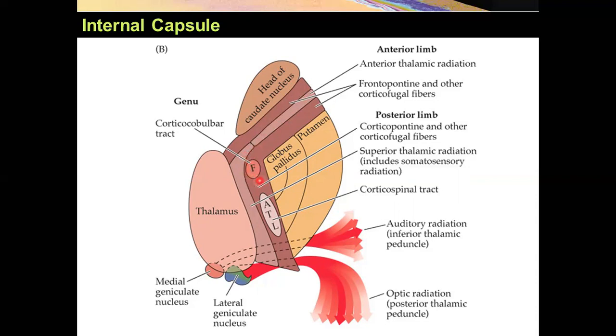Look at here. The fibers going to the face and head of the body, this is a descending pathway or efferent pathway. In this case, this is the corticobulbar tract, running through the genu of the internal capsule.